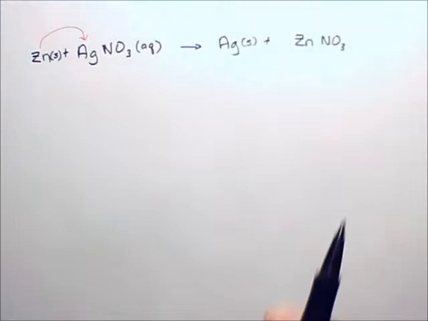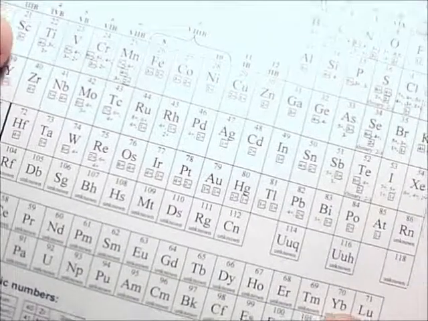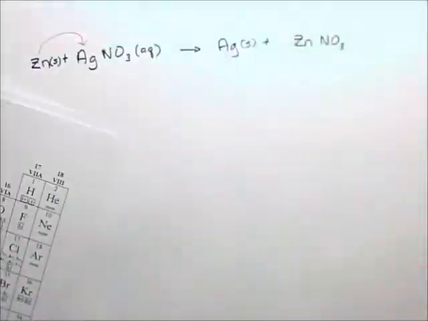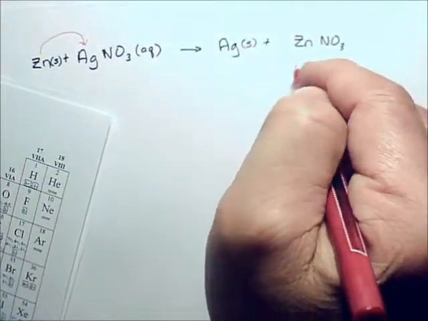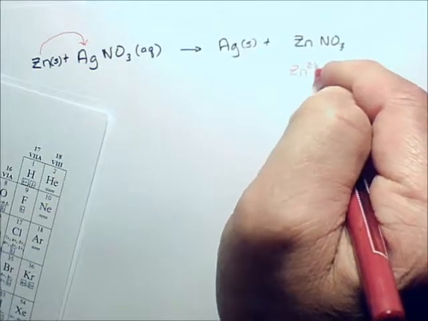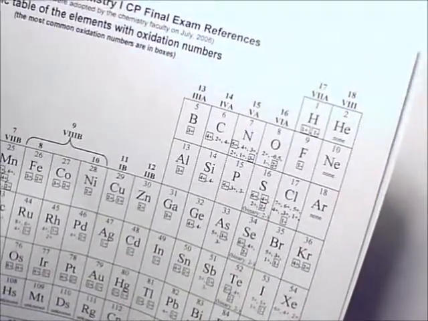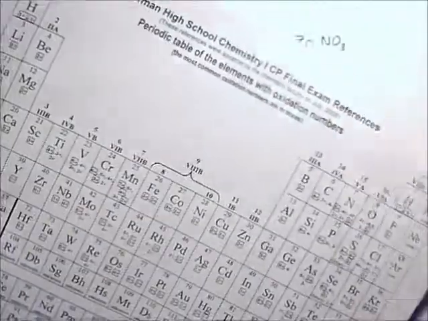For this one you've got to go to two different places. One place is the oxidation chart, or the periodic table with oxidation numbers. It looks like this, and I can see that zinc has a 2+ charge. But I can't find nitrate on here. Nitrate's a polyatomic ion. Where do I find it?